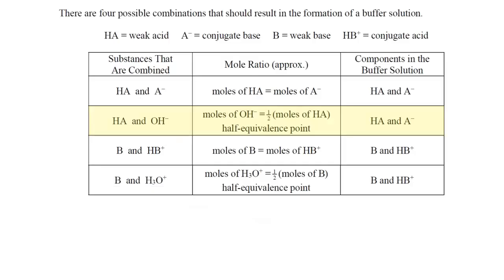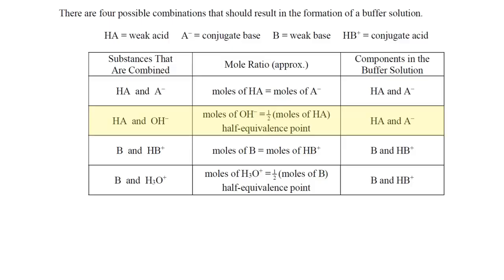Well, in my video for topic 8.8, properties of buffers, I had mentioned that there are 4 possible combinations that should result in the formation of a buffer solution with equimolar amounts of the weak acid and the conjugate base. Now, the one that I'm highlighting is the one involving a half titration, where you take a weak acid such as HA, and then you add a strong base, but not to get to the equivalence point.